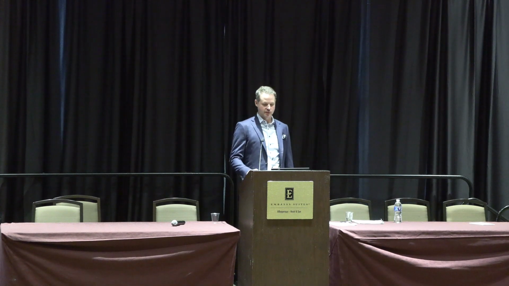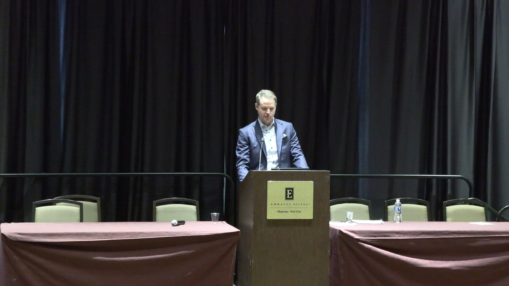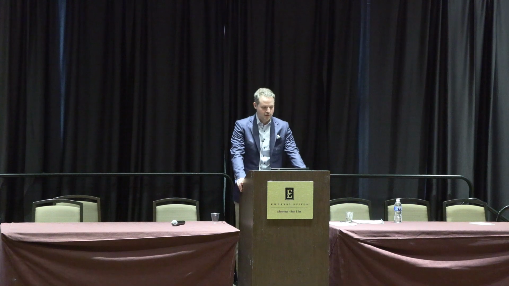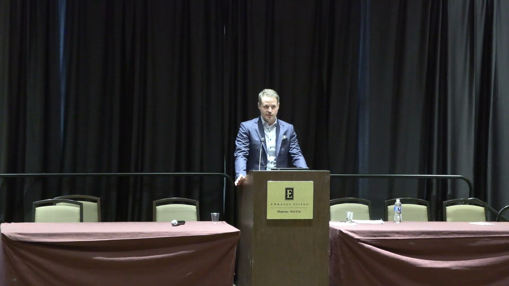So this is the BlueView in its probably second most common configuration, which is mounted to an arm attached to the hull of a boat. With this configuration, you usually want the full GPS and motion compensation to account for the movement of the boat. An advantage is that you can cover a large area quickly, which is great for hydrographic surveying, which you can use this system for as well, but it takes longer to set up.